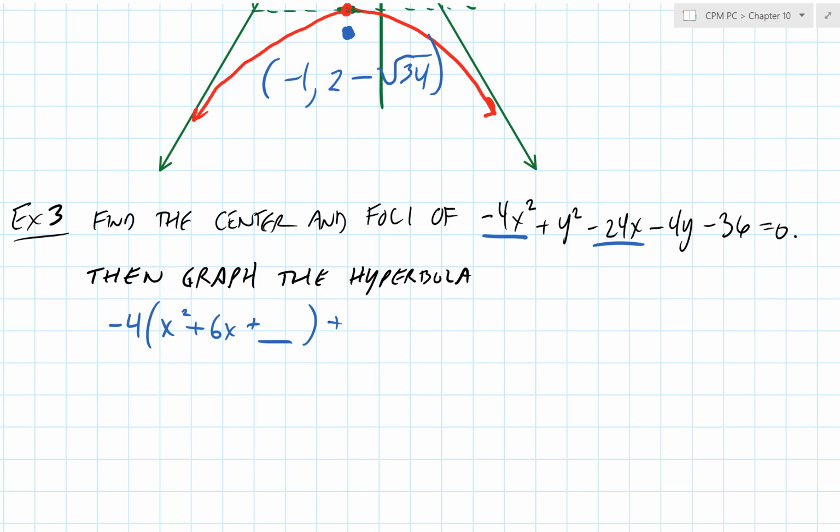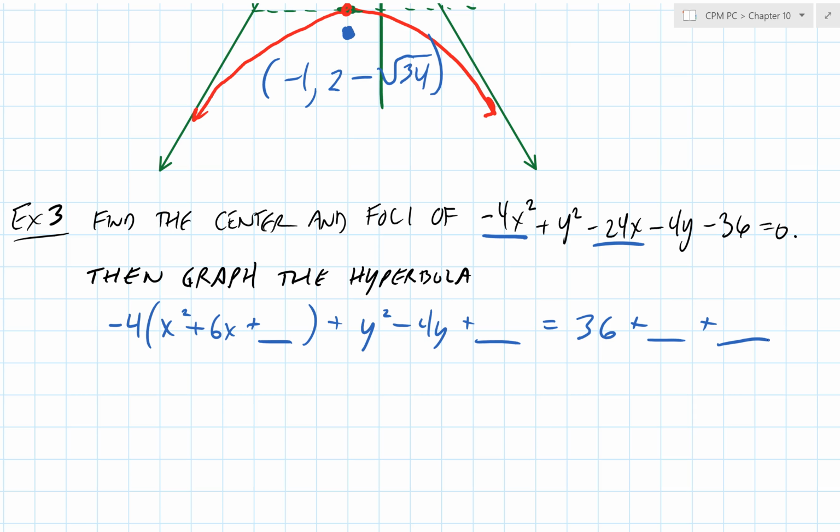And then I have y squared minus 4y plus blank to complete the square. And then I'm going to move the 36 to the other side for now, and I'm going to leave space for the two numbers that we're going to add to both sides. So we're just completing the square to try to get it in the standard form.